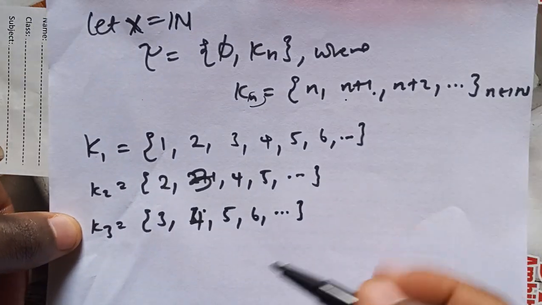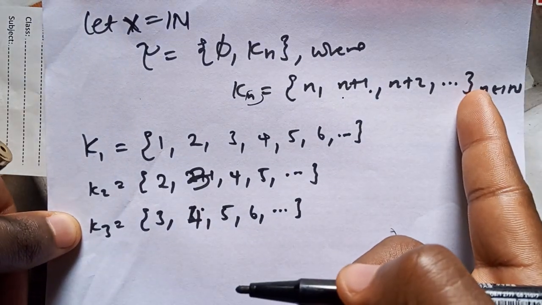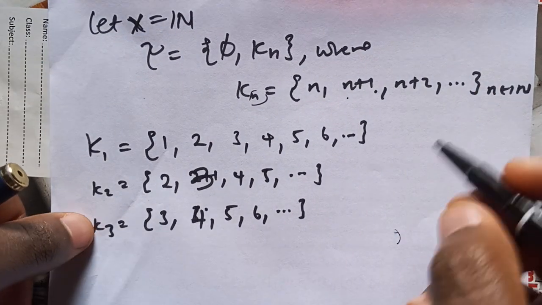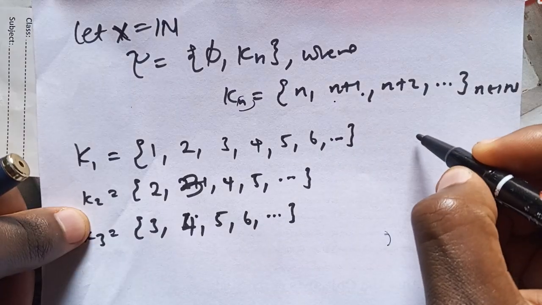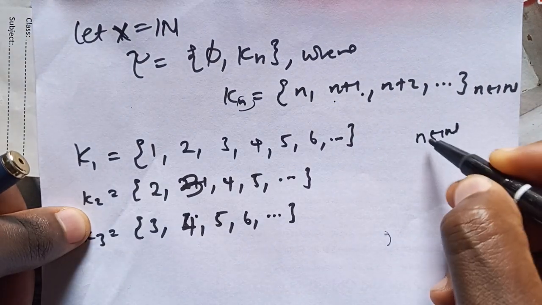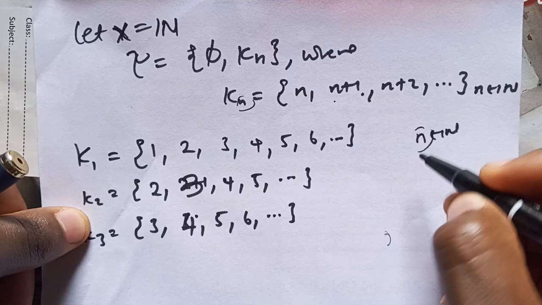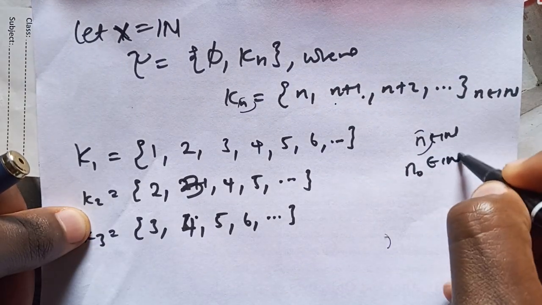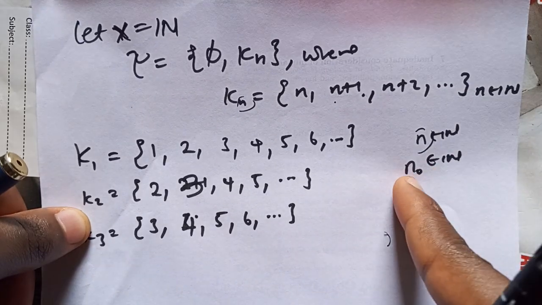Now let's say we pick a point, n naught. Observe, n here varies. n could be any number, but when we say n naught, we mean just a point in this set of natural numbers.